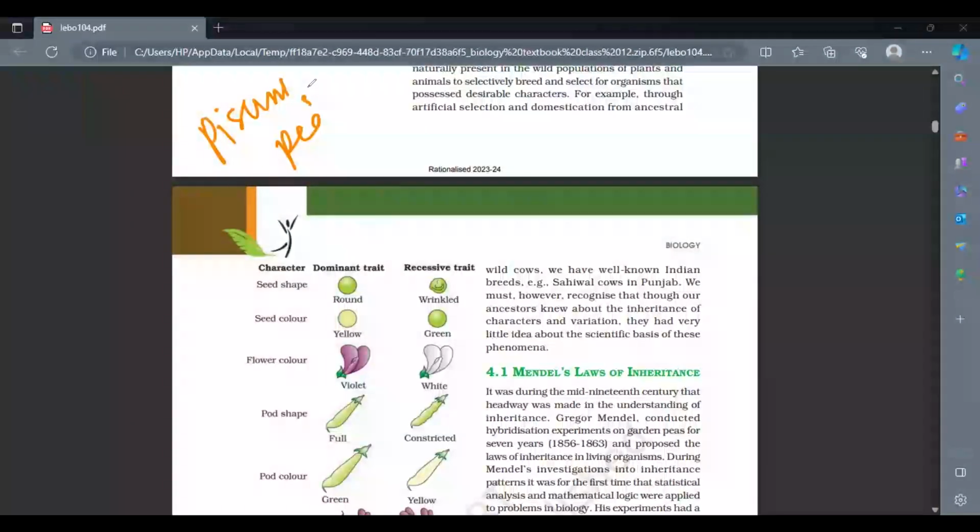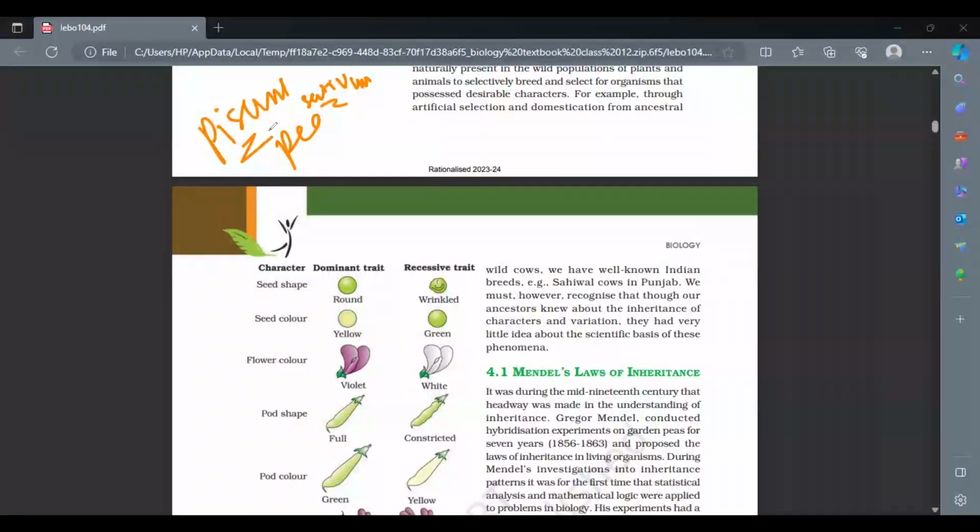The Pisum sativum I'm talking about, that's a sweet pea. In this sweet pea, Mendel was working in his backyard. He was growing many plants in his backyard, and these were plants which used to show the desired characters or desirable changes within a year. These are all annual plants. So it was very helpful for Mendel to get results very quickly, and also these results were very dramatically different from each other.